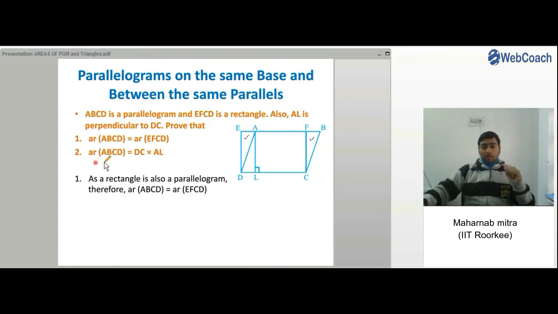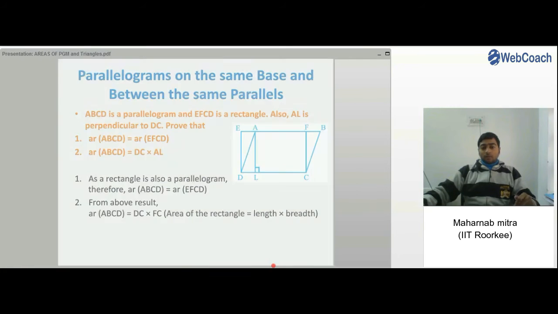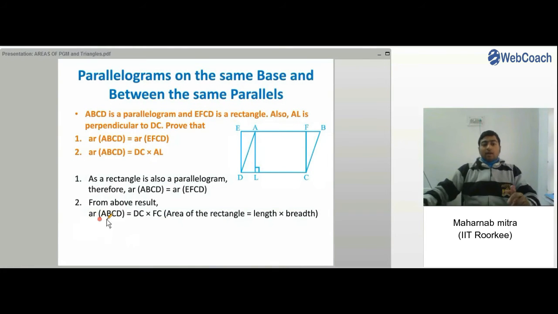We have to show area of parallelogram ABCD is DC into AL. So how will we show that? It is very easy. Area of ABCD is DC into FC. Why? Because the area is the same as that of the rectangle, right? Area of the parallelogram ABCD is the same as the area of the rectangle.